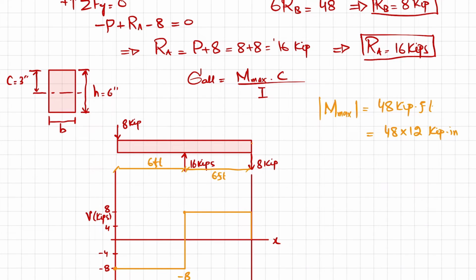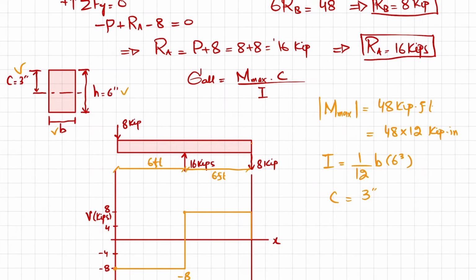So we know that the allowable stress is this one. What will be the I? We know that for a rectangular beam it is equal to 1 over 12 B H cube. B we do not know, H is 6, so 6 cube. Clear? C is given over here, 3 inch.